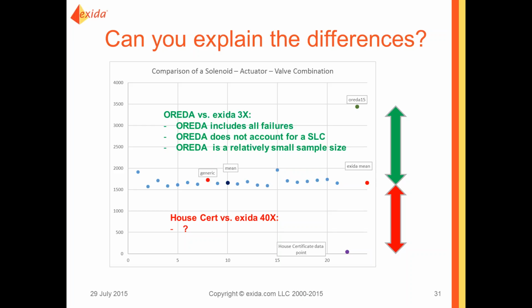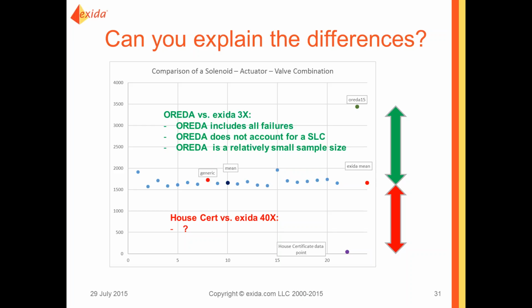ARETA does not account for a safety life cycle by definition. In 61511, there are requirements for properly testing and making sure the loop works before you run it in the process, so you should find any incorrect designs or initial failures at that point.